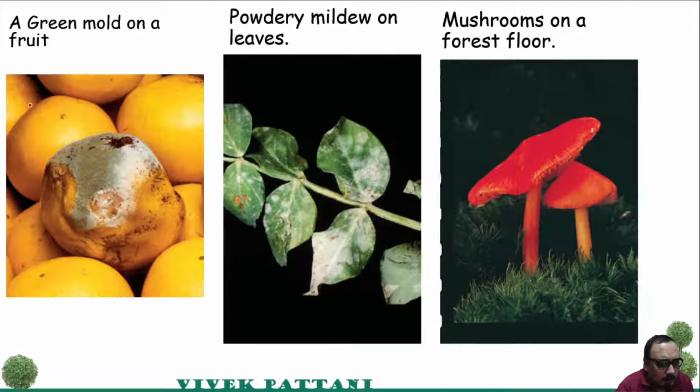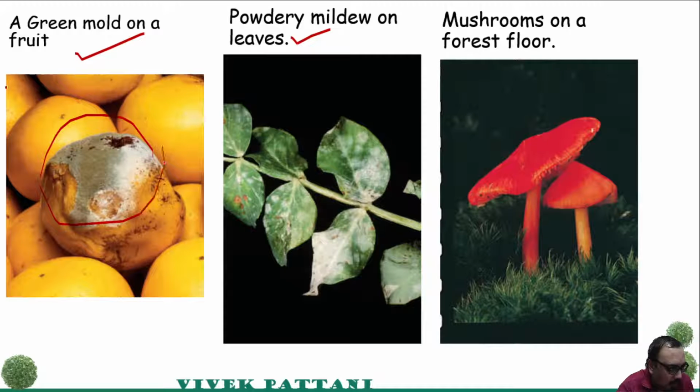For example, these two fungi given here can damage fruits. You can clearly see a green mold on the fruit, and the white patches are due to powdery mildew. And this is a photograph of mushrooms. There are a variety of mushrooms.